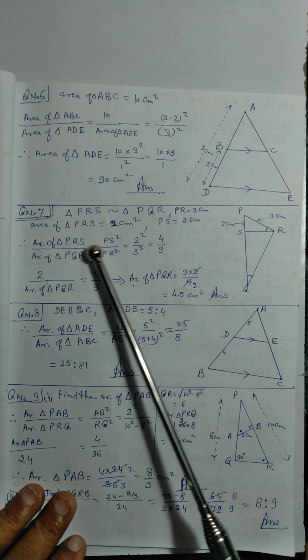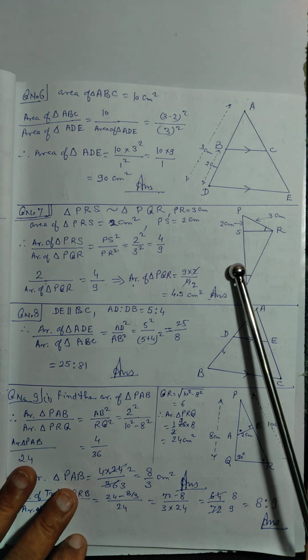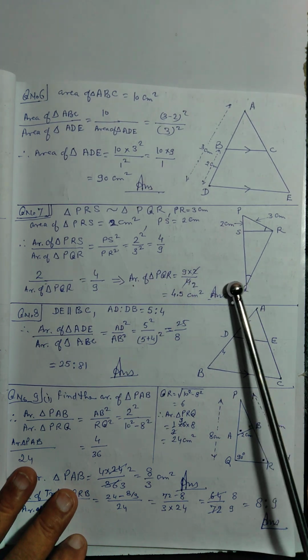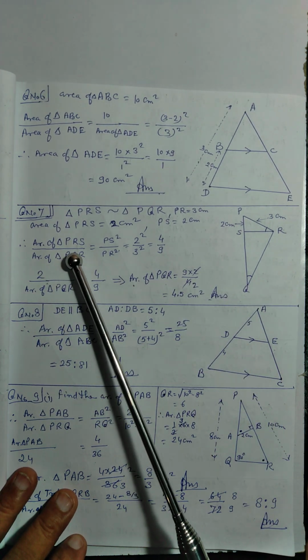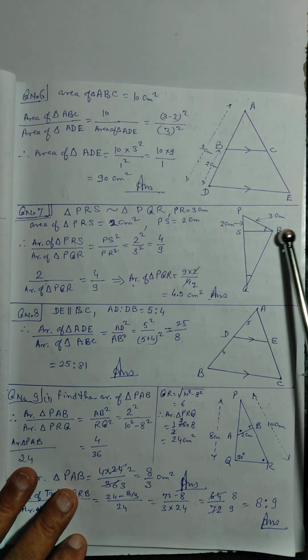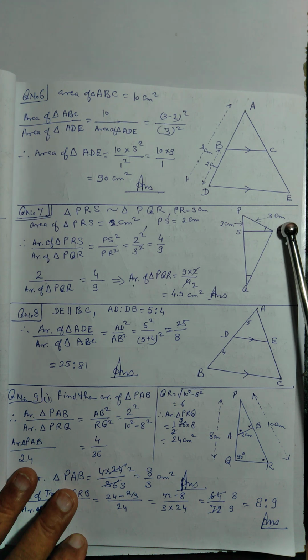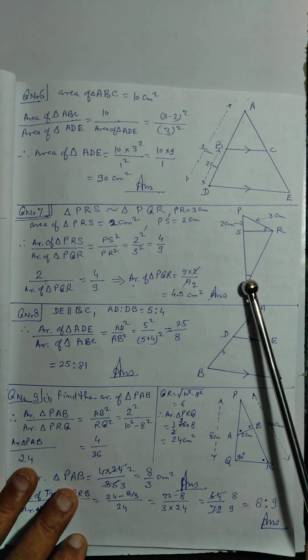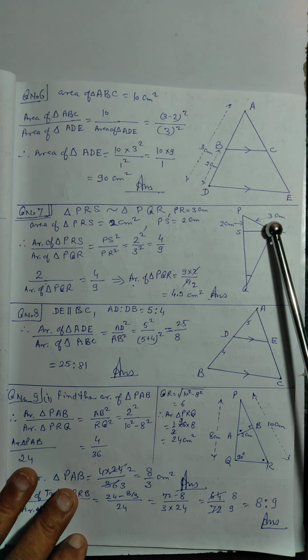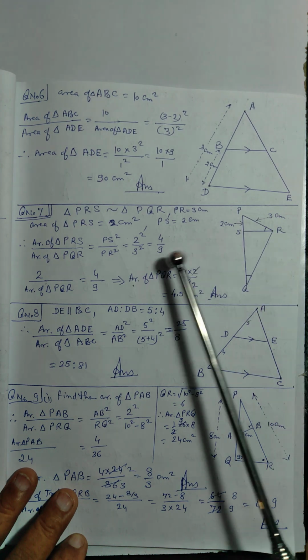So the area of these two triangles will be similar. Area of PRS upon area of PQR. It is already given that angle Q is equal to this angle R, that is PRS.